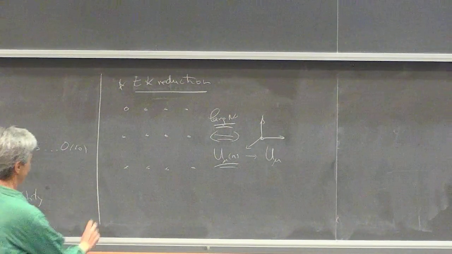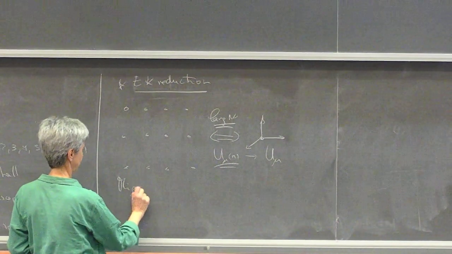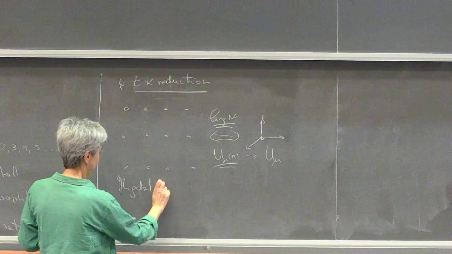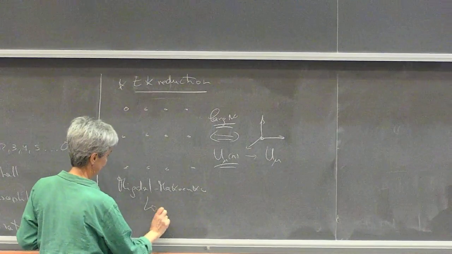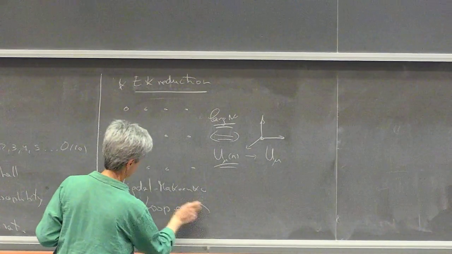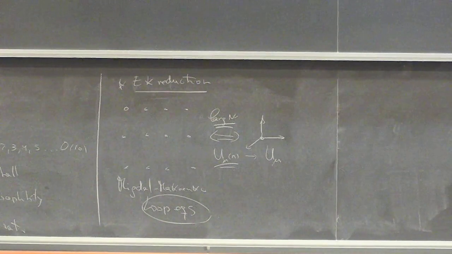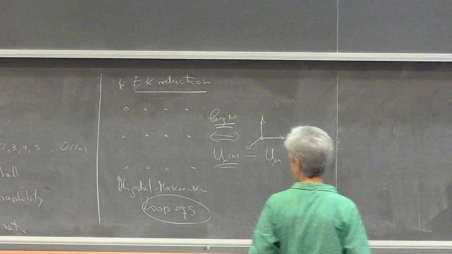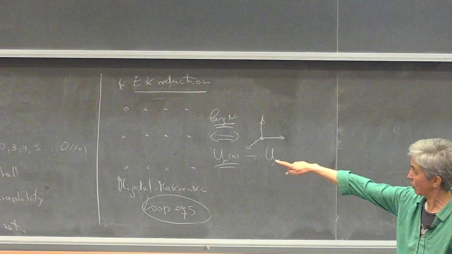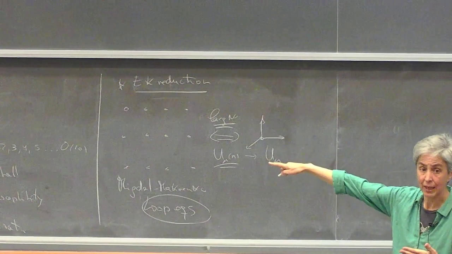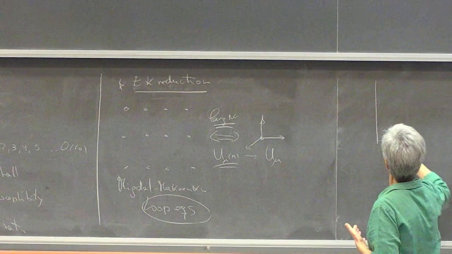So the loop equations are, at least on the lattice, due to Migdal and Makeenko. It goes in this way. I'm going to start from a Wilson loop in the original lattice. Something like this.